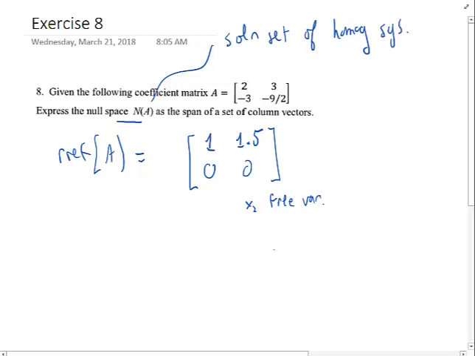So all I need to do is find the solution set of the homogeneous system. This first line expresses the equation x1 plus 1.5 x2 is equal to 0, or x1 is equal to minus 1.5 x2.